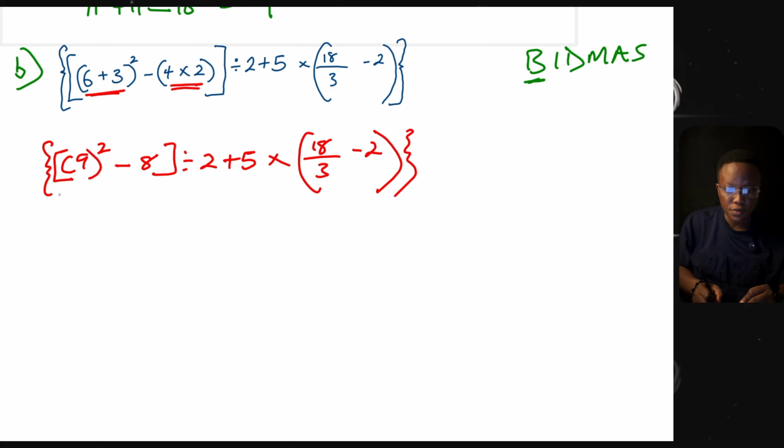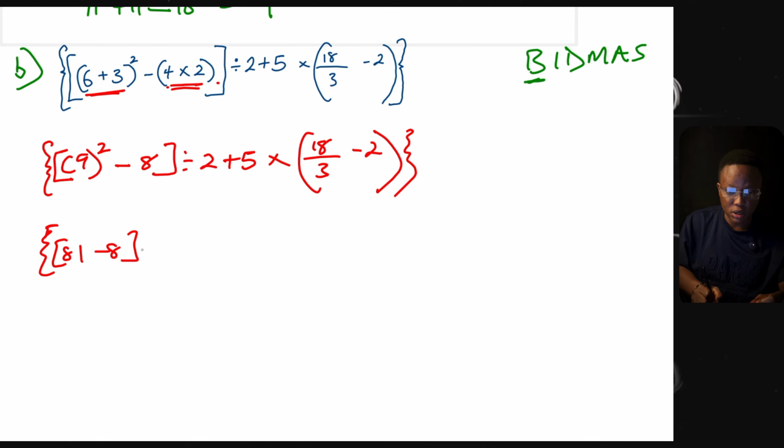Okay? So, what is 9 squared? It is 81. Now, you can get rid of some of the brackets as soon as we're opening them up. So in this case, I got rid of these 2 brackets since I said what is 4 times 2. I've solved what is in the bracket. I've opened the bracket. So when I open this bracket, we have something like this.